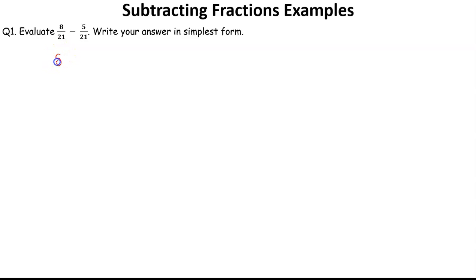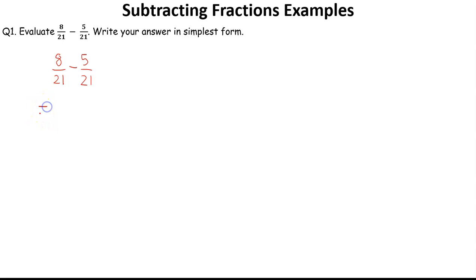I would copy this into my workbook: 8 over 21, minus 5 over 21. I'll go through my rules. They're both proper fractions, so that's fine. Rule number 2, they both have the same denominator, so that's fine. Rule number 3, I'll go ahead now and perform the calculation.